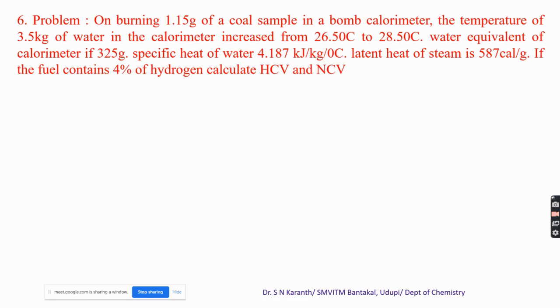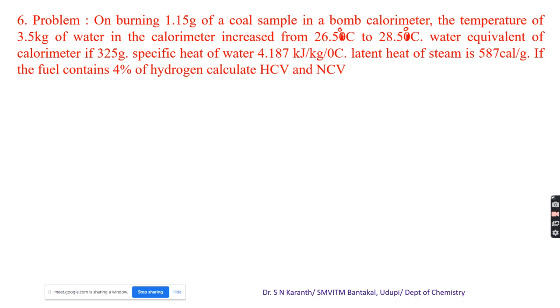This one is a little different. Here we take 1.15 gram of coal sample in a bomb calorimeter. The temperature of 3.5 kg of water in the calorimeter increased from 26.5 degrees Celsius to 28.5 degrees Celsius.